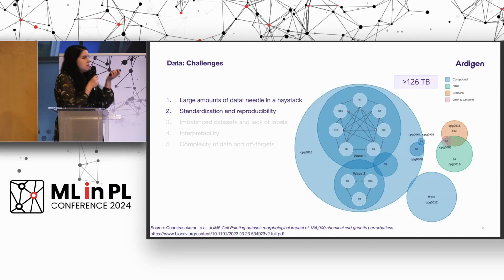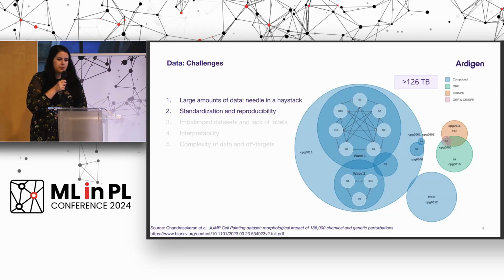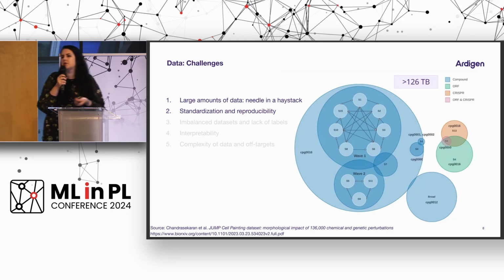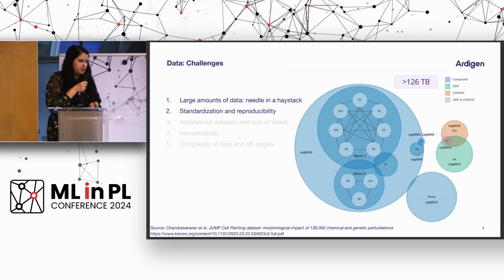There was a lot of data, 130 terabytes, and they shared this publicly. So this is one of the first steps to actually creating something like ImageNet, but for high content screening, where we can do something that is not focused on one lab.